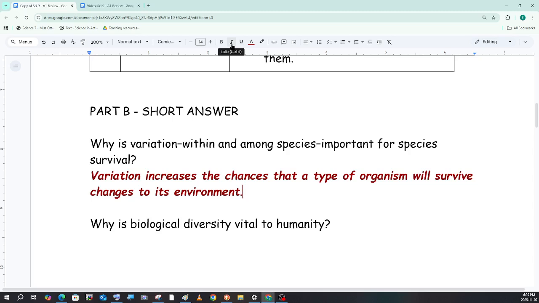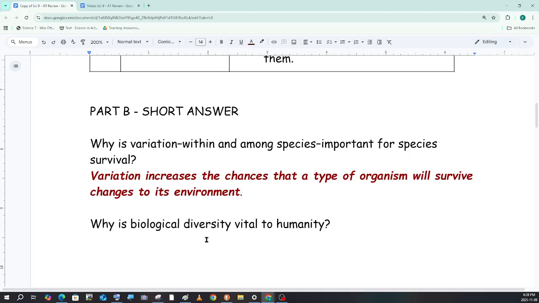It made it harder for predators to find them and eat them. So the fact that more of the snails were able to survive because of the different colors of shells helped to ensure their survival. It made it so that not all of them would get eaten by predators, and some would survive, reproduce, and the species would go on.